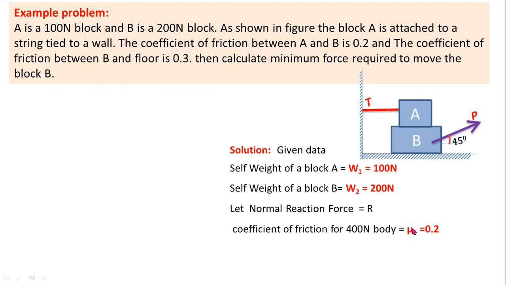Here mu1 is the coefficient of friction between blocks A and B. From the given question, the coefficient of friction between blocks A and B is 0.2.